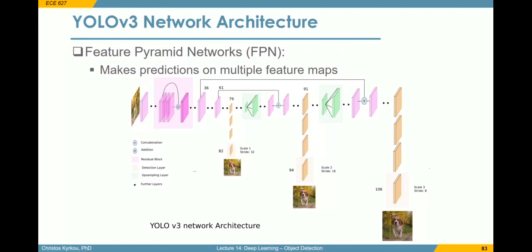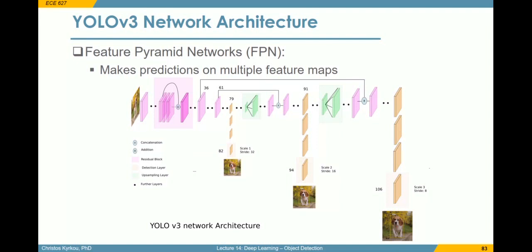So specifically here, they used a different number of grid cells for each output. They also assigned different anchors to each of these outputs. And they combined the loss of the outputs to train the network end-to-end.